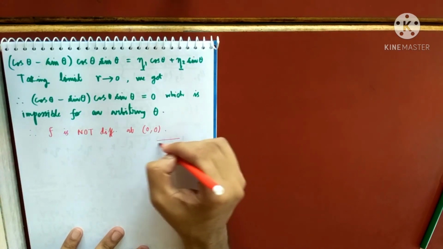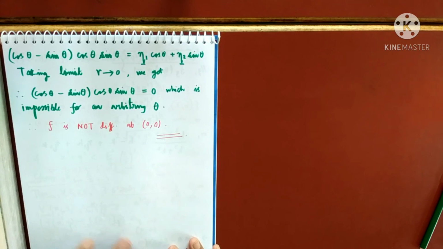So this is what we have: even if the function is continuous at 0, 0 and both the partial derivatives at 0, 0 exist, the function may not be differentiable. Did you get my point?